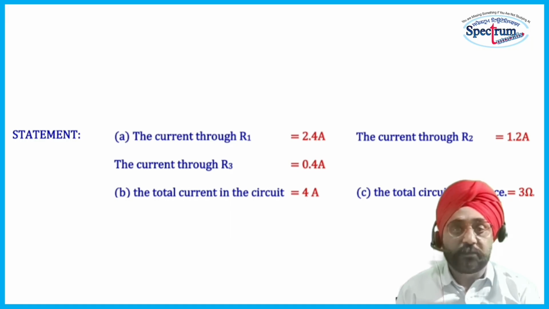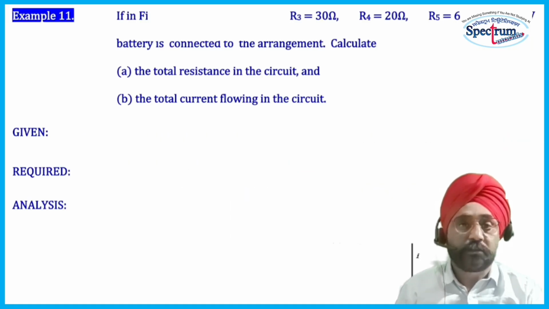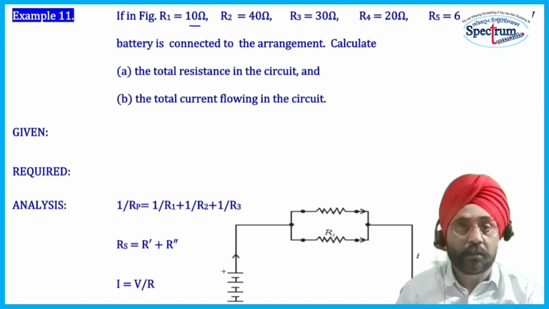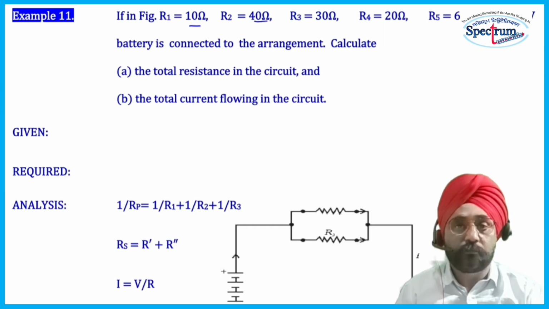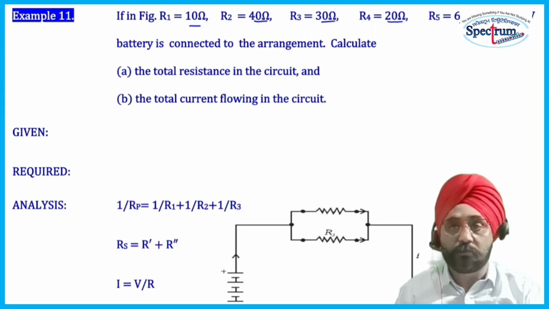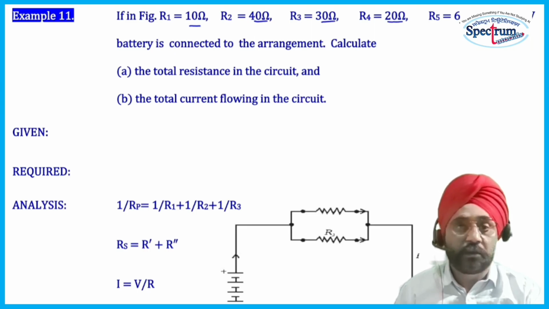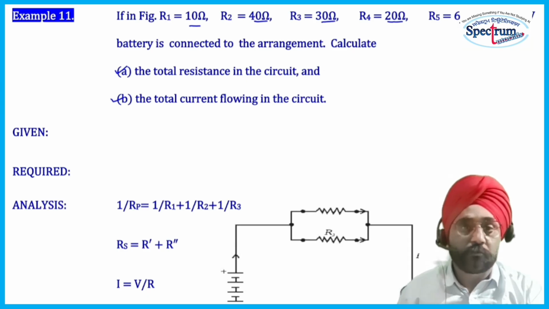Current through R3 is 0.4 ampere. In the figure, R1 is 10 ohm, R2 40 ohm, R3 30 ohm, R4 20 ohm, R5 60 ohm. A 12 volt battery is connected in the arrangement. Calculate the total resistance and the total current flowing. So what is given?